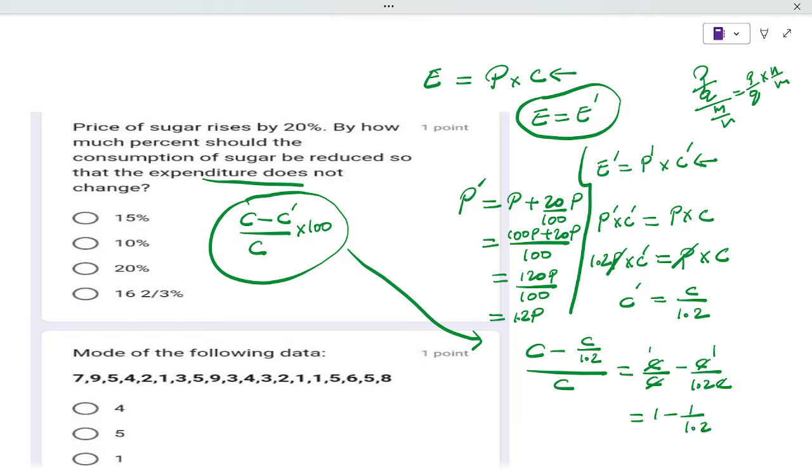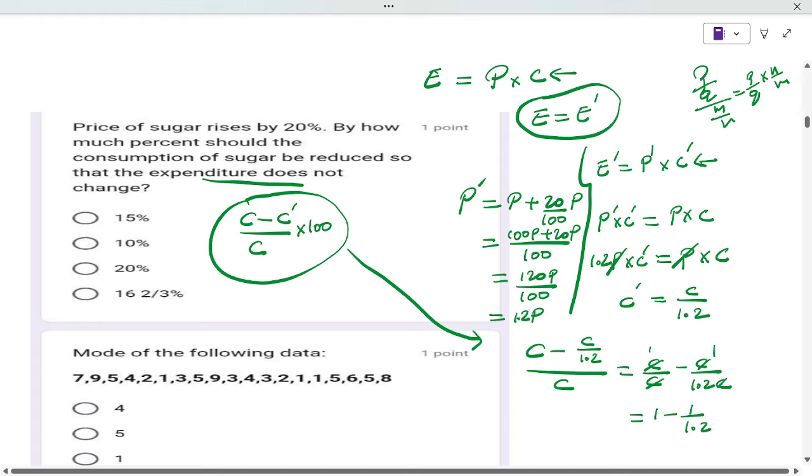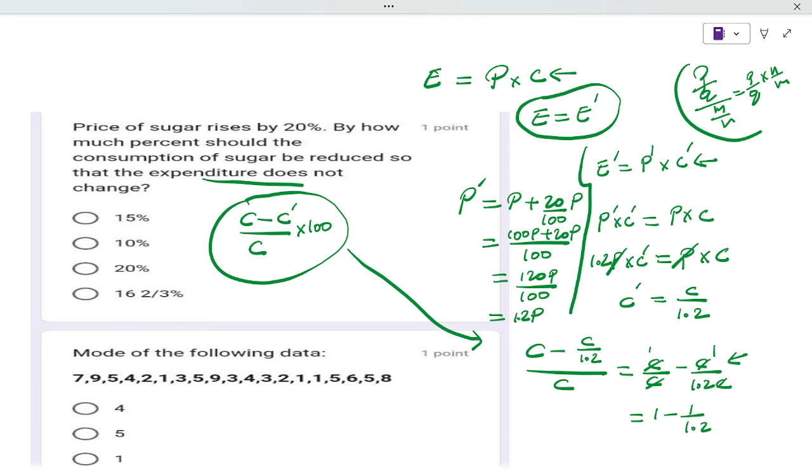Following this, C minus C by 1.2 times the reciprocal, which is 1 by C. Now if we open the bracket, C by C minus C by 1.2 into C, we multiply each term.